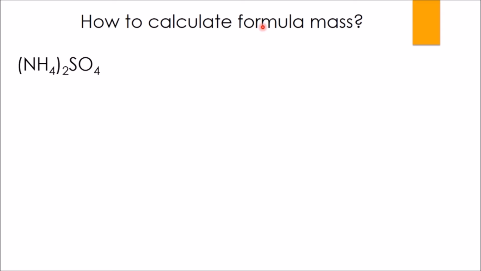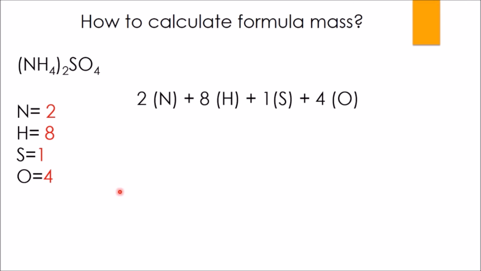This is an ionic compound (NH4)2SO4, called ammonium sulfate, and we know that in this we have how many nitrogens? We have 2 nitrogens. How many hydrogens? 8. Sulfurs are 1, and the number of oxygens is 4. Just like we had an equation in molecular mass, we are going to make an equation in formula mass as well.